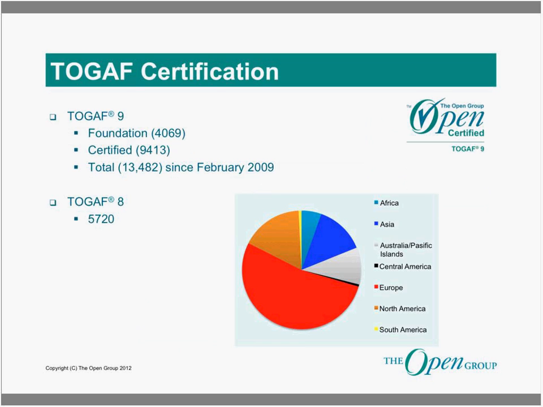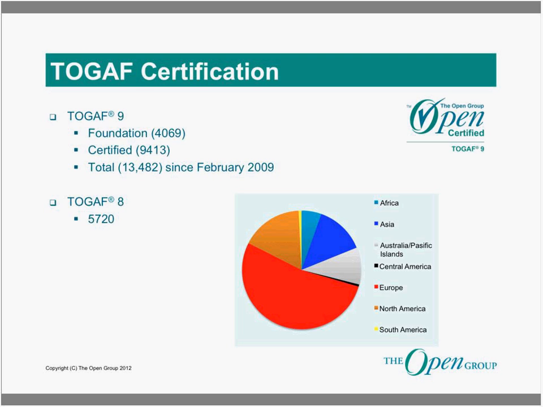Just some background on where we are with some of the programs. TOGAF 9 certification was introduced in February 2009, and 13,482 people have gone through, and every quarter the numbers go up quite significantly. Quite a few people also got TOGAF 8 certification.